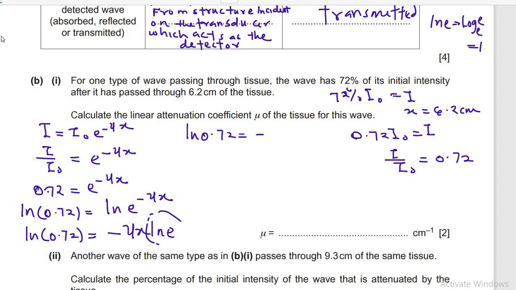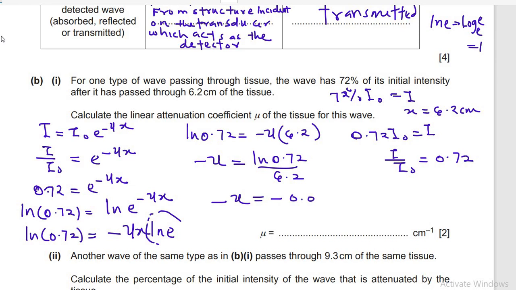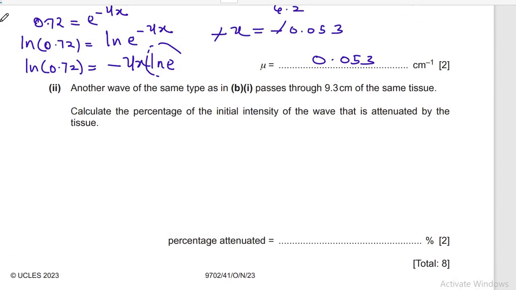So at the end of the day, ln 0.72 equals minus mu x, and x is 6.2 centimeters. So negative mu equals ln 0.72 over 6.2. Dividing, we have negative 0.053. Negative cancels negative, so mu is 0.053. That's it.